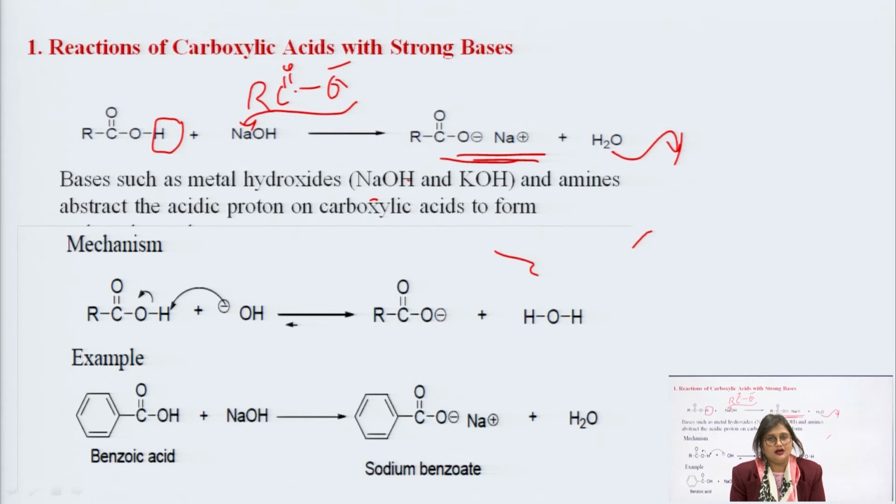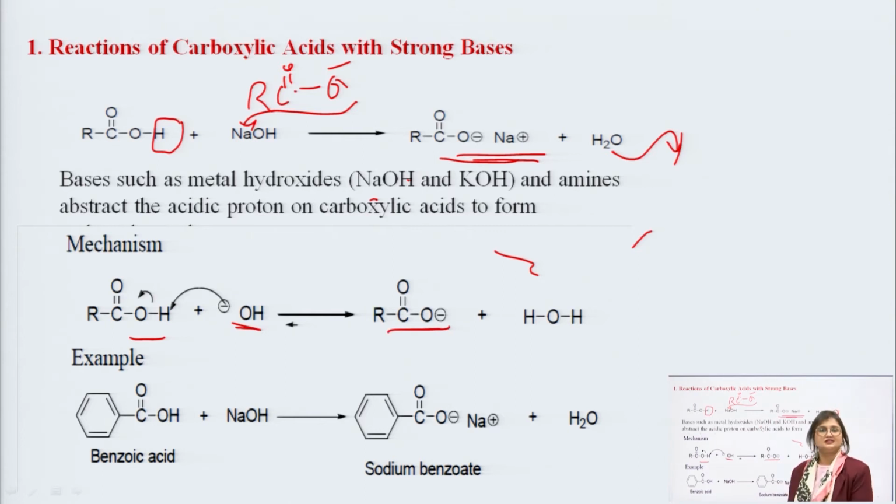If we move on to writing the generalized reaction, RCOOH plus OH minus leads to formation of the carboxylate ion RCOO minus, along with removal of a water molecule.